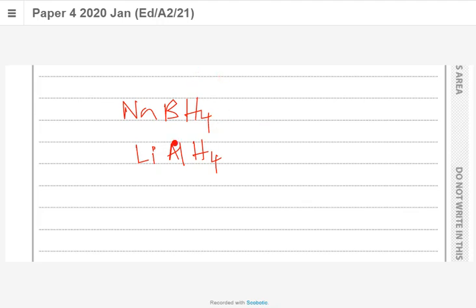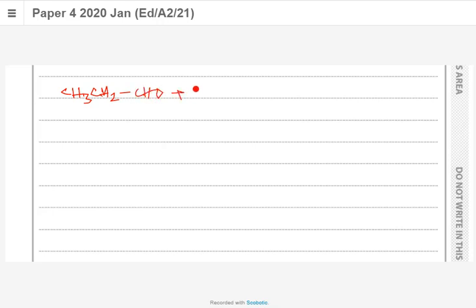Okay, so then you can write the reaction. Propanal, you can use either lithium aluminium hydride or sodium borohydride.